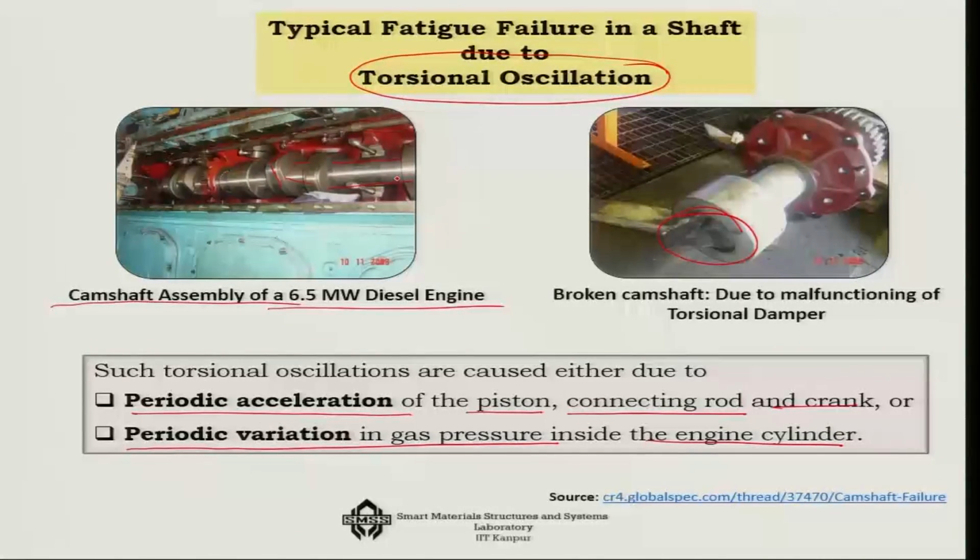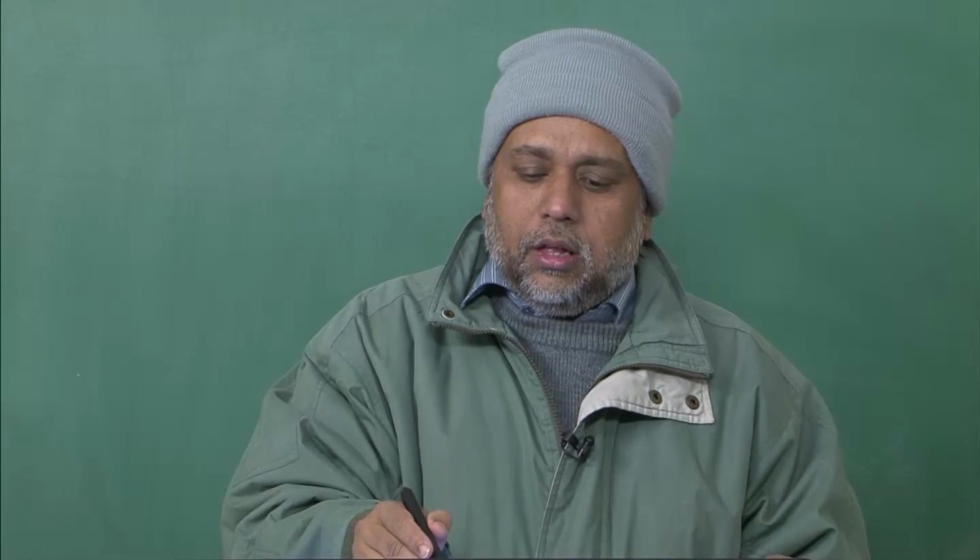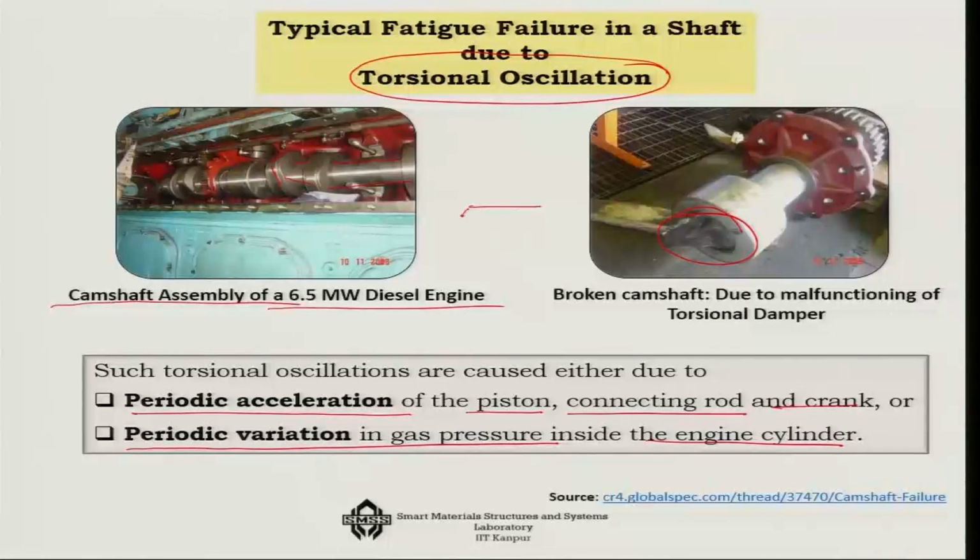So, unlike the last case where there was this up and down to and fro motion, in this case the motion is actually in terms of torsion. That means, suppose you have a shaft like this, one end is closed, and due to this periodic excitation it will rotate right and left, as if you are actually twisting the system, right left continuously.